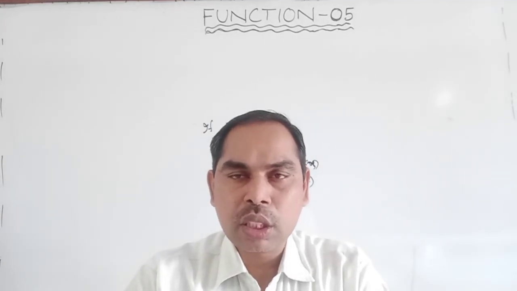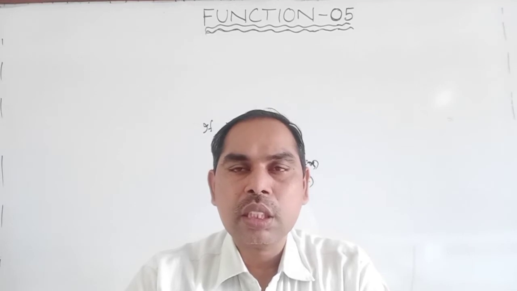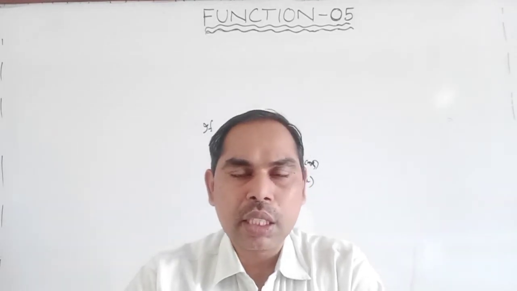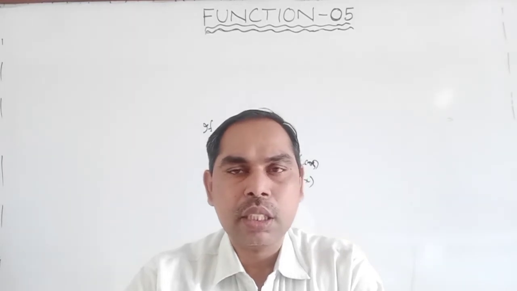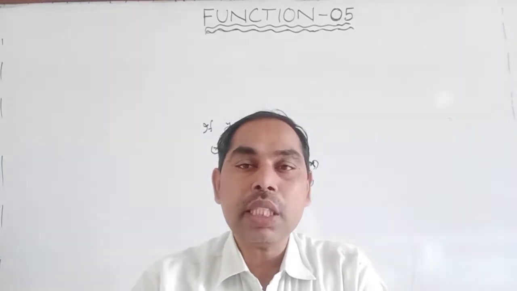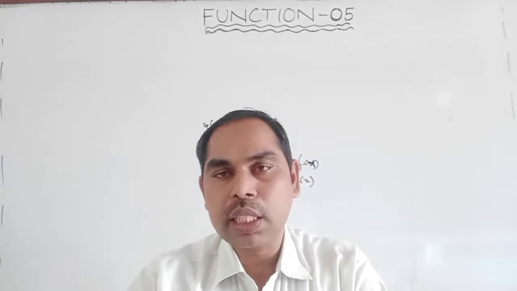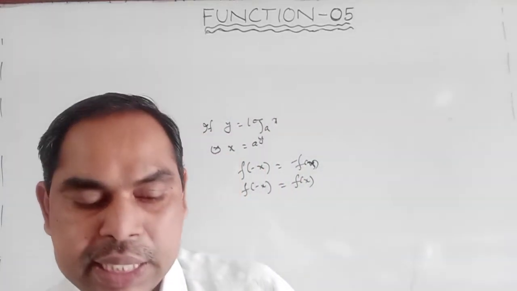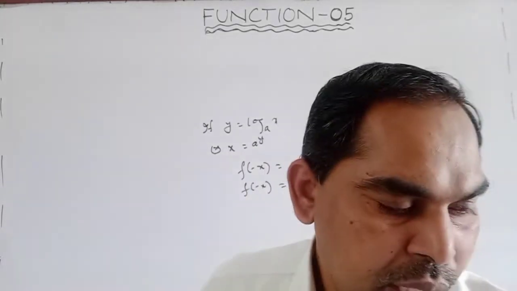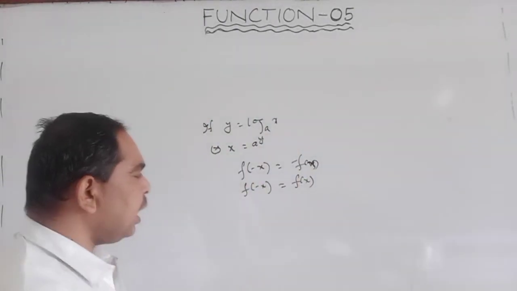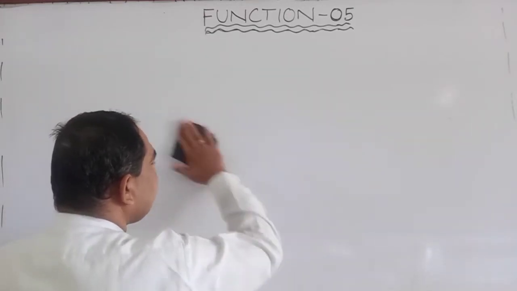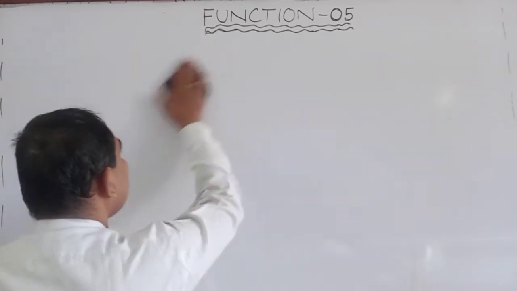Okay, a function repeats the same thing after a particular interval, so that interval we call the period. So a function f of x is said to be a periodic function with fundamental period capital T, where T is least and positive, then the function is called periodic function.